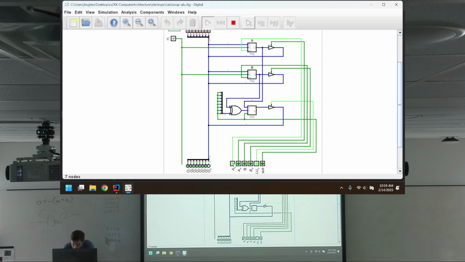So let's output the ALU, but we're going to input it back into A. Okay? So the ALU, and I'm just going to spam. Watch what's going to happen. What am I doing? I'm just incrementing.